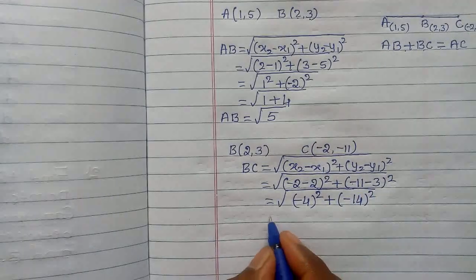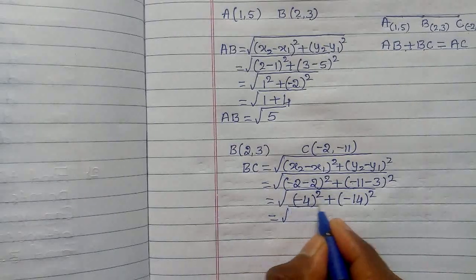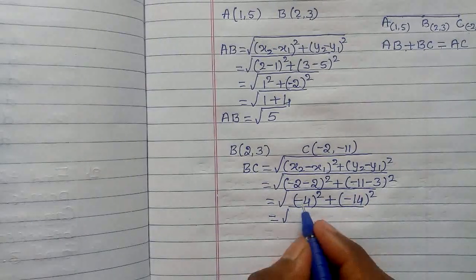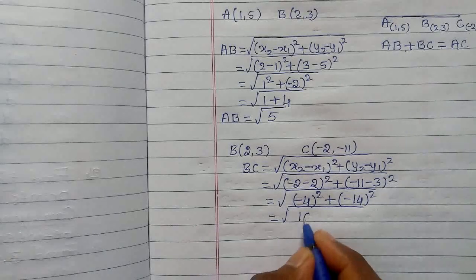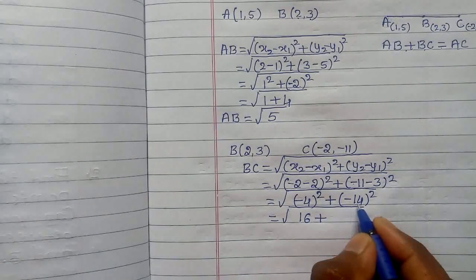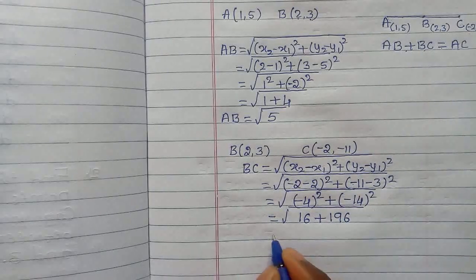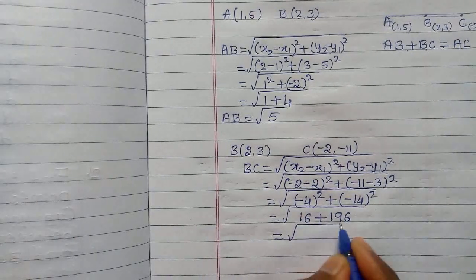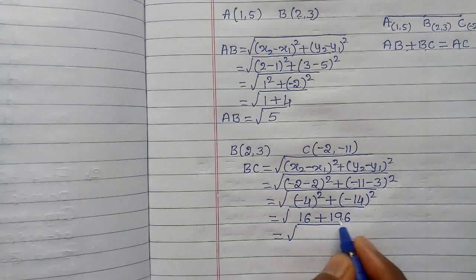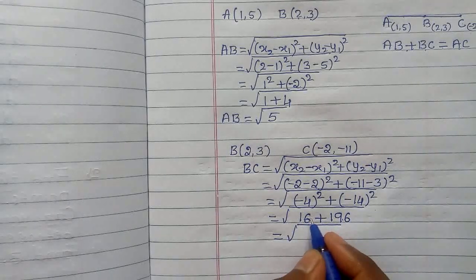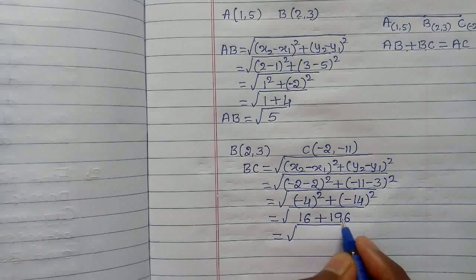Then minus 4 square is plus 16, plus minus 14 whole square is 196. Don't remove the square root, here we have to add these two numbers.